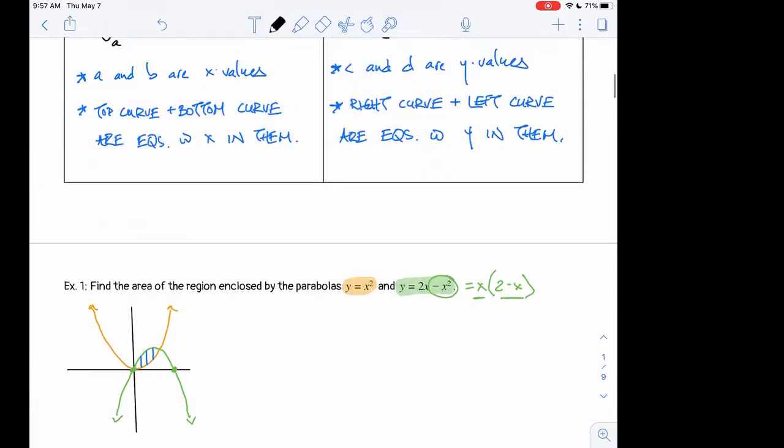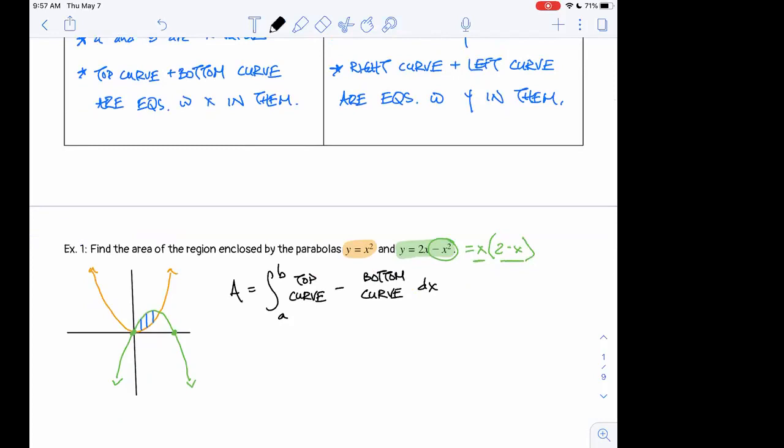So that's going to give me the area equals the integral from a to b of the top curve minus the bottom curve dx.